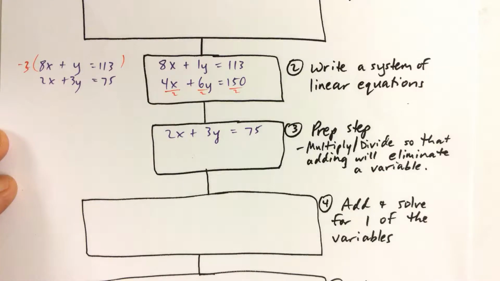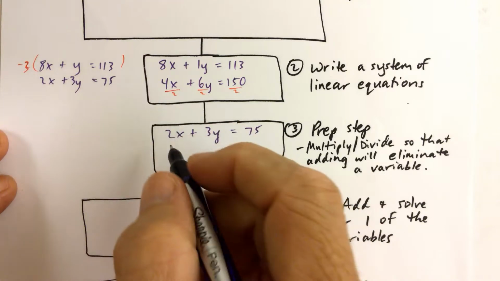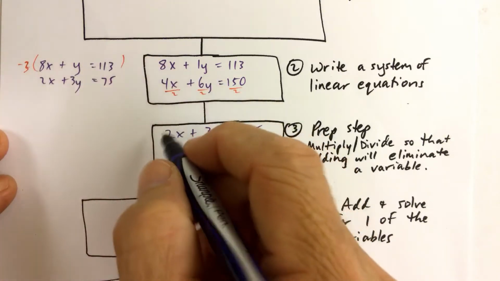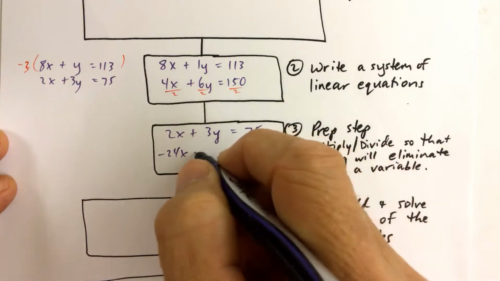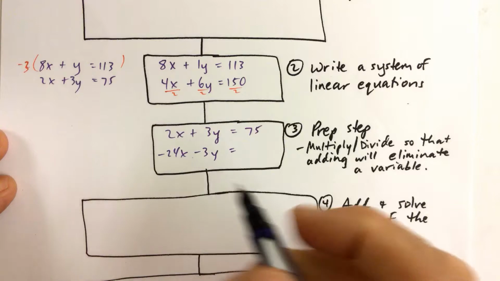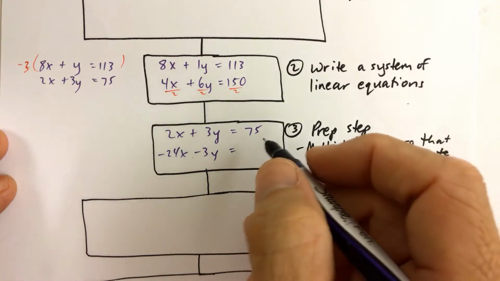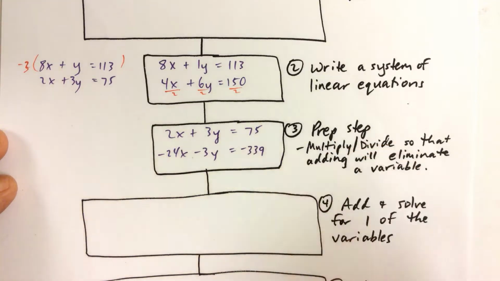Hopefully that didn't mess you up too badly. So I'm going to multiply the top equation by -3. -3 times 8x is -24x. -3 times y is -3y. And -3 times 113 would be -339. Now, when I add these two equations up, I'm going to get one of the variables dropping out.